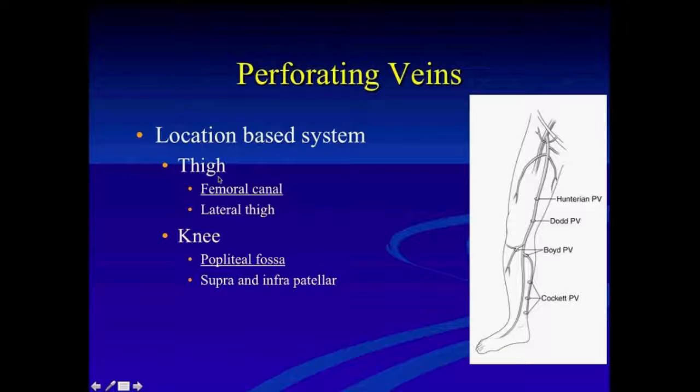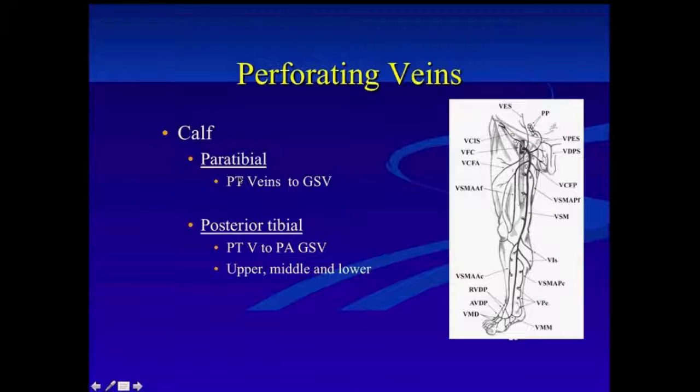Some of the important perforating veins in regard to the development of varicose veins are in the medial thigh, the lateral thigh, or in the popliteal fossa. Some other perforating veins, which are relatively commonly discussed as part of the pathophysiology, are paratibial veins and posterior tibial veins, and we'll talk a little bit about that later.